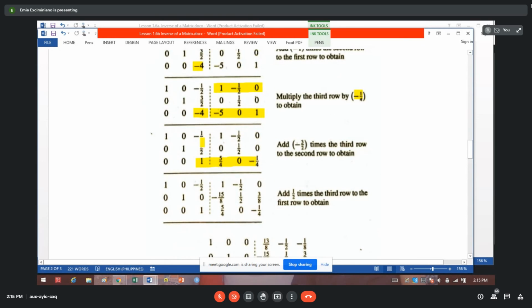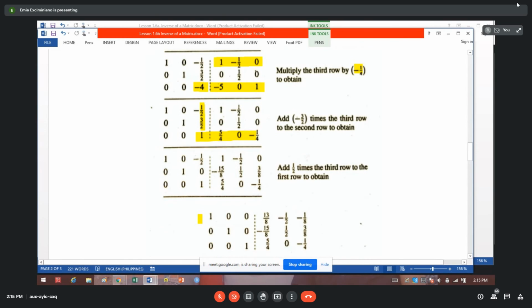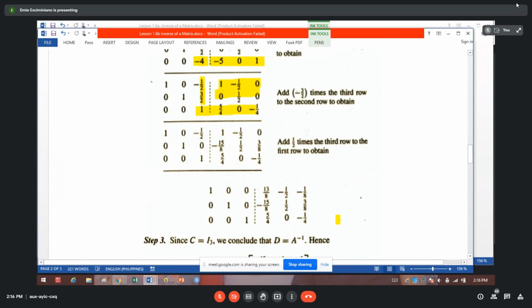And then, may 1 ka na dito para maging reduced row echelon, kailangan maging 0 yung dalawa. So, may mga operations involved. But again, you have to do the operation to the rest of the entries on those rows, first and second row.